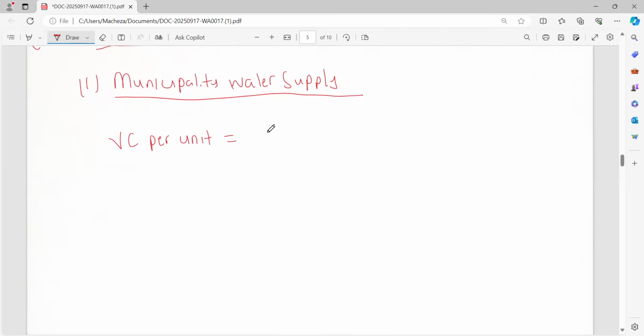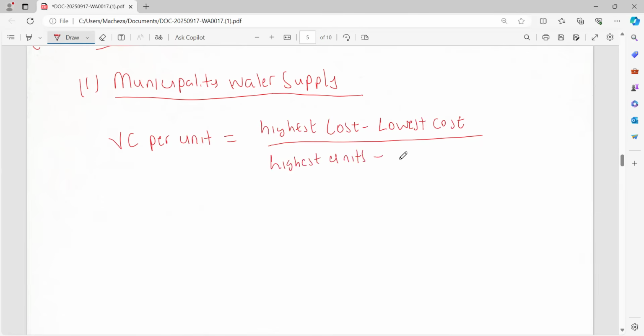The high-low method is going to be the highest cost minus lowest cost, over highest units minus lowest units. Right, so that's basically there.